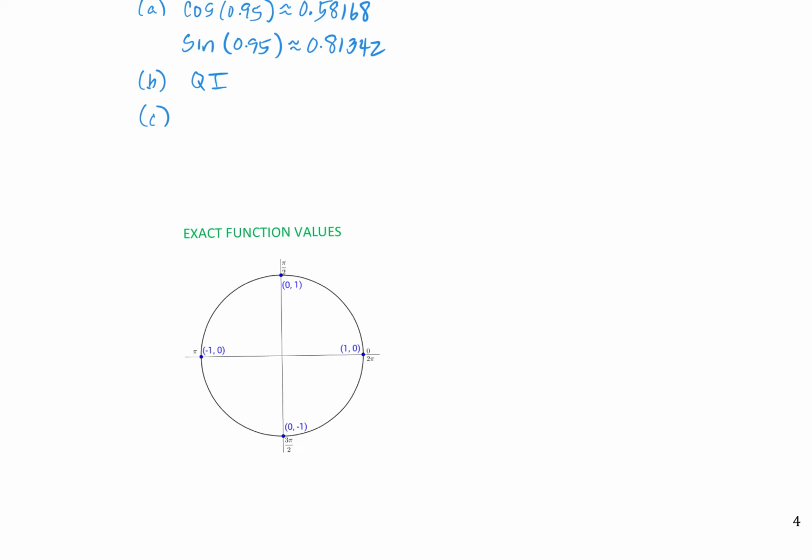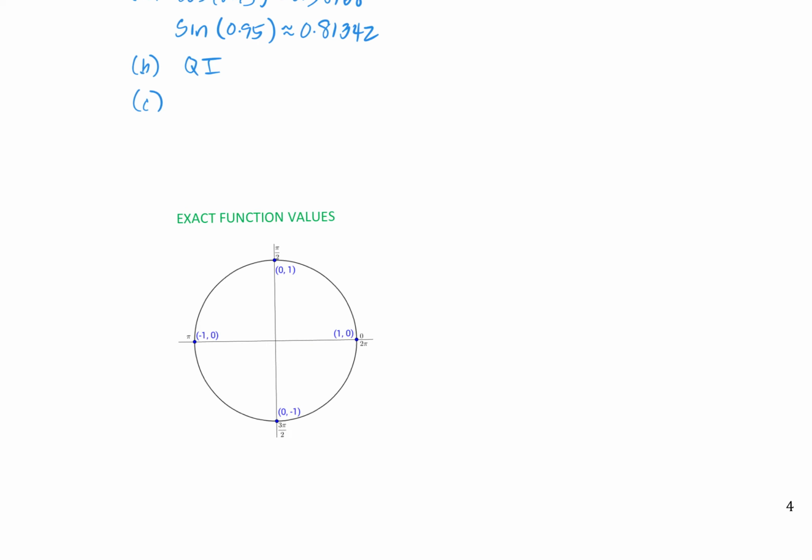So depending on what calculator you're using, you may not have a cotangent, secant, cosecant key. You should have a tangent. So if we were going to put tangent of 0.95 into our calculator, I get approximately 1.39838, and I'll stop there.